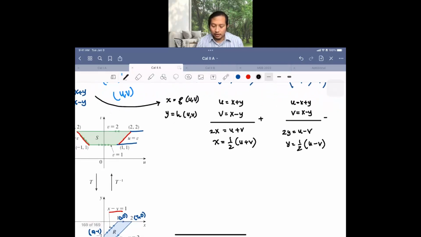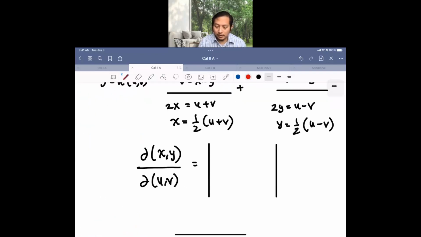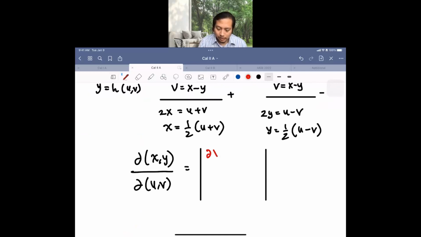Now what we are going to do next is check the Jacobian. If you forget what is inside of this Jacobian, it is supposed to be dou x dou u, dou x dou v, dou y dou u, dou y dou v.